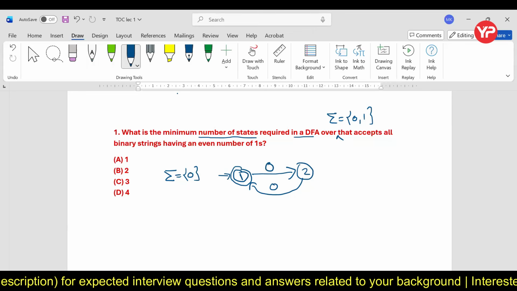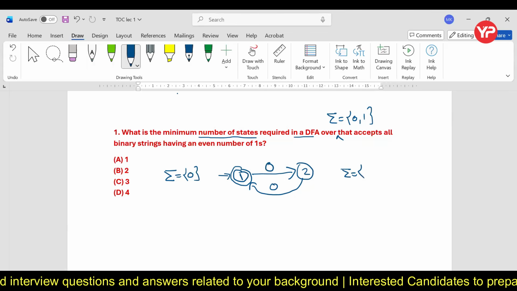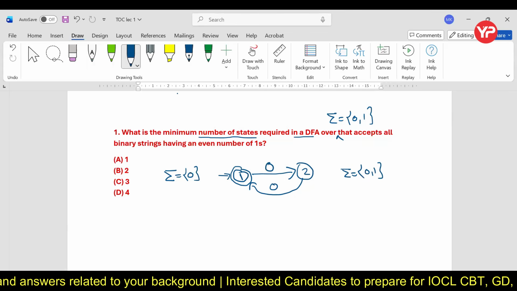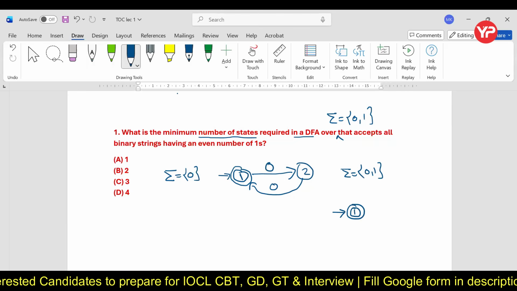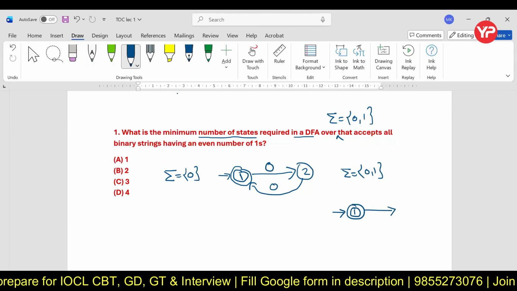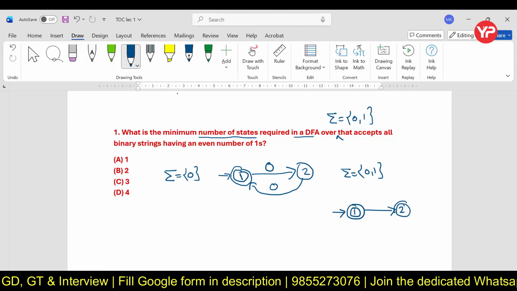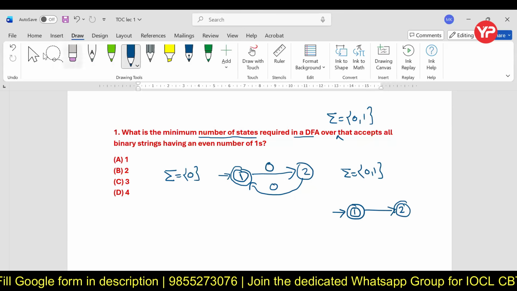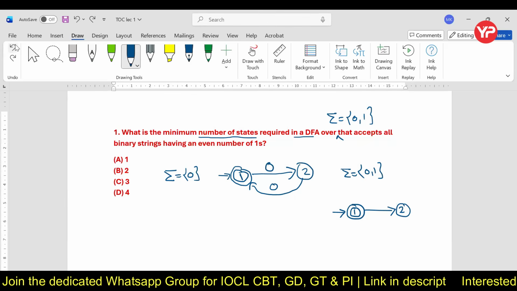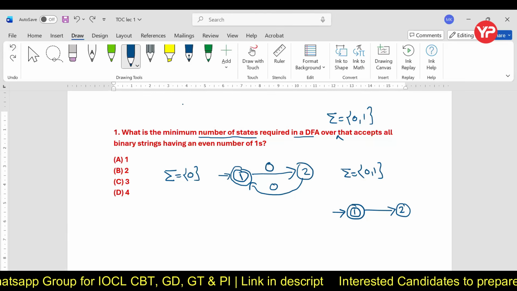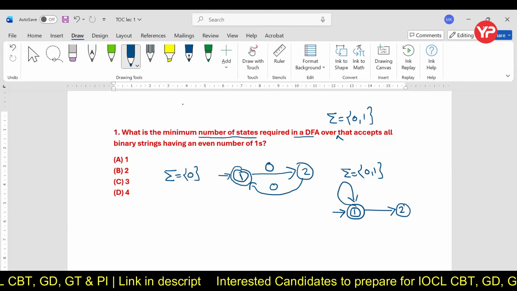And suppose my sigma is {0, 1}. Then in that case, the total number of states is again 2, but the DFA is a little bit different.